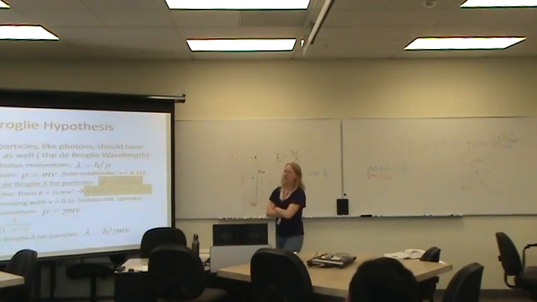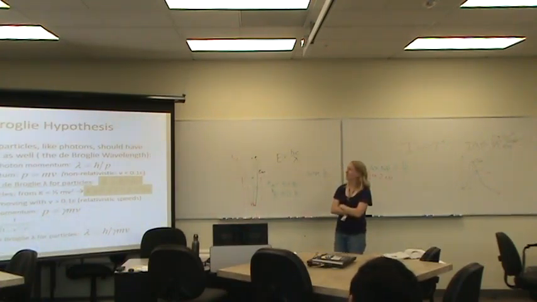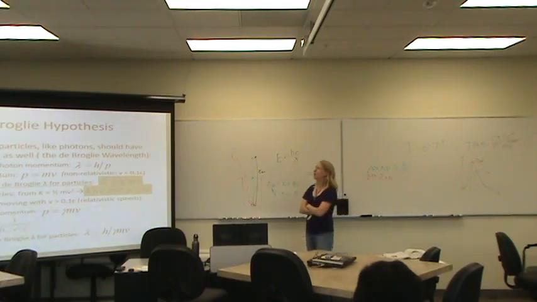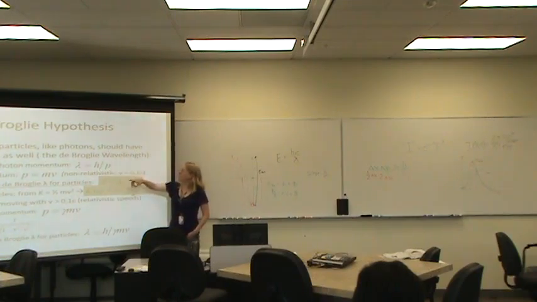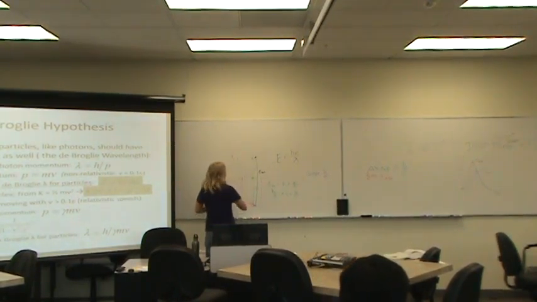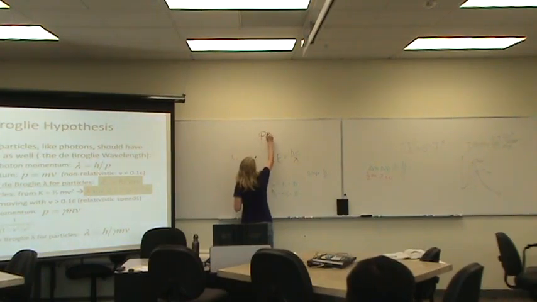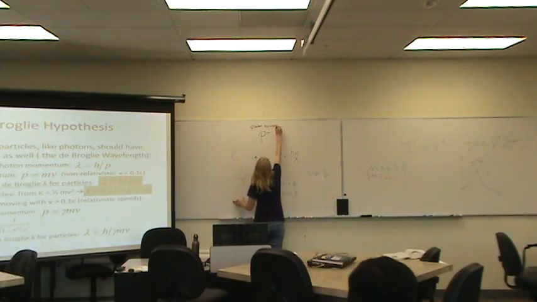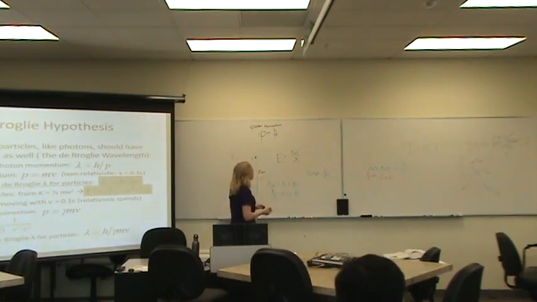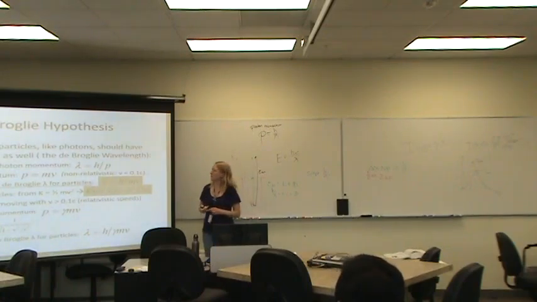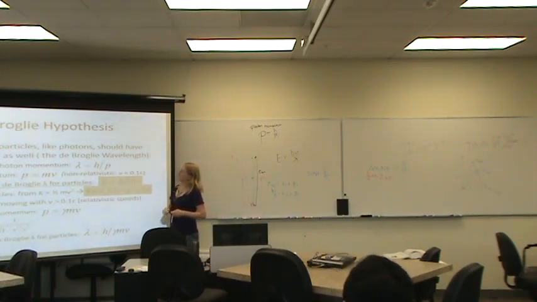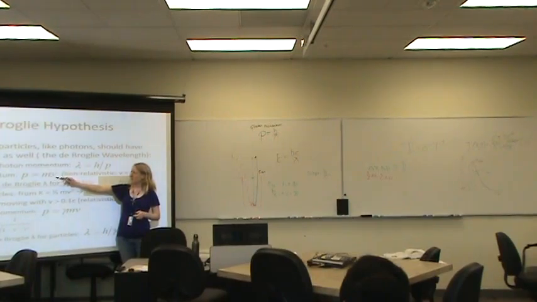So he said all particles will have an associated wavelength, and we can derive what that wavelength would be. Our photon momentum, if you recall from a few weeks ago, we wrote like this: p = h over lambda. So Planck's constant over the wavelength. Mass isn't involved because photons don't have mass. But if we remember from 221, momentum is mass times velocity.